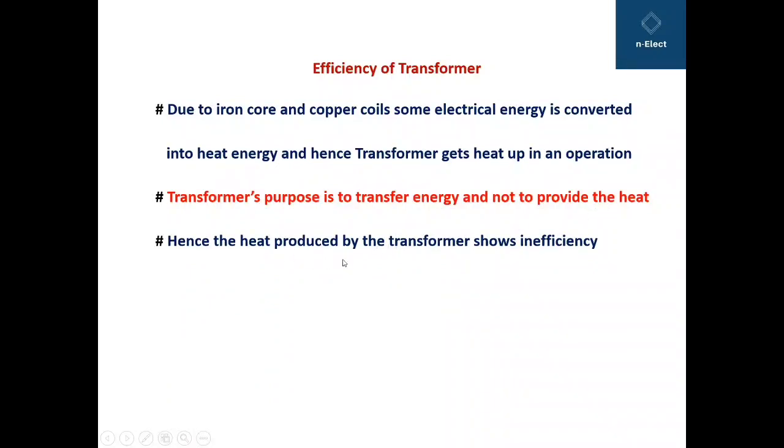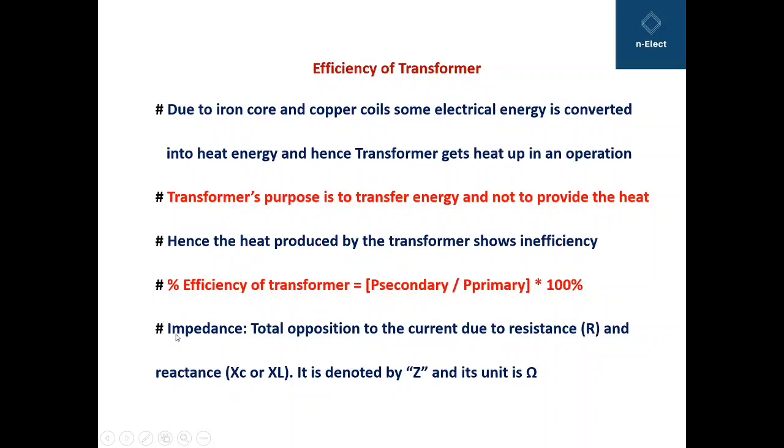Hence, the heat produced by the transformer shows inefficiency or loss of energy. Hence, the percentage efficiency of the transformer is denoted as power across the secondary divided by power across the primary multiplied by 100. This efficiency of the transformer is measured in terms of percentage, and therefore multiplied by 100% is written over here.